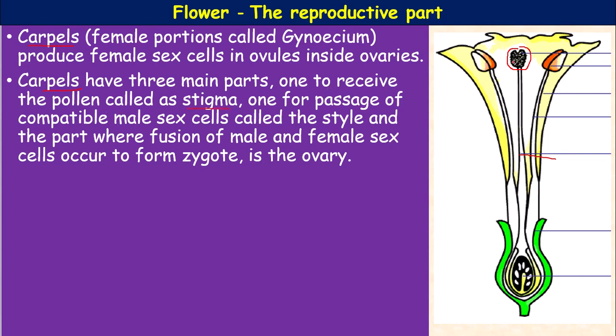It receives the pollen. Pollen is the reproductive cell. The style is the passage for the compatible male sex cells, and the part where the fusion of male and female sex cells occur to form zygote is the ovary.